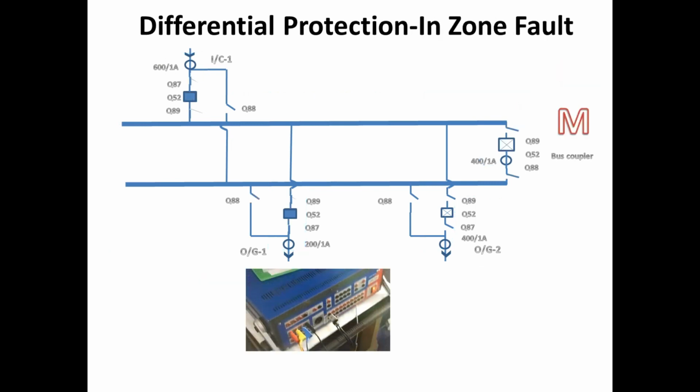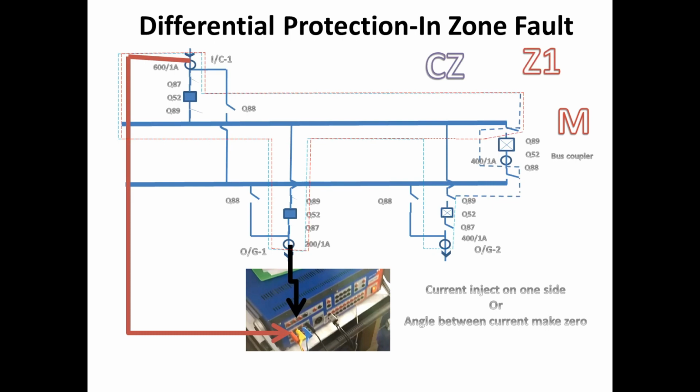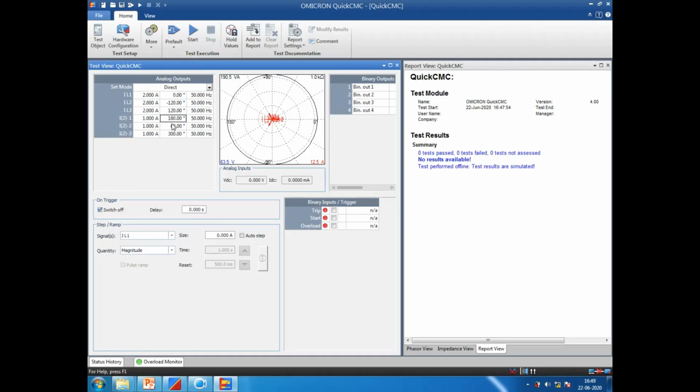Second, we are going to check high differential in zone fault. For in-zone fault I am going to inject current from any one side with high magnitude, or I am going to make the angle difference 0.